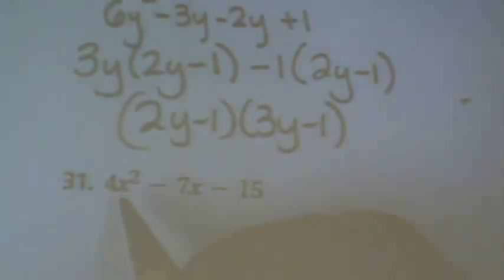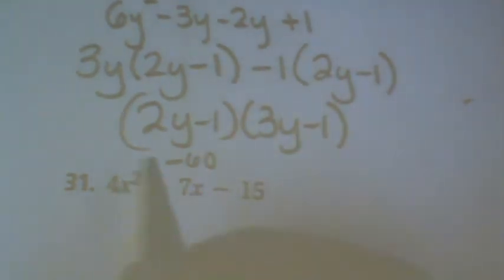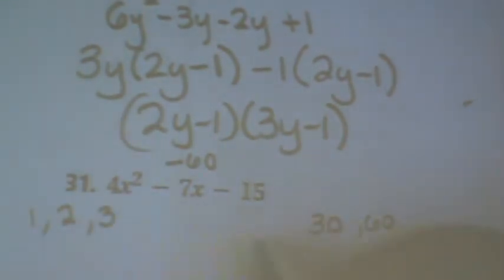And the last one, 4 times negative 15 is negative 60. What two numbers multiply to give you negative 60, but add to be negative 7? So let's see. We have 1 times 60, that's not going to work. We have 2 times 30, that's not going to work. We have 3 times 20, that's not going to work.